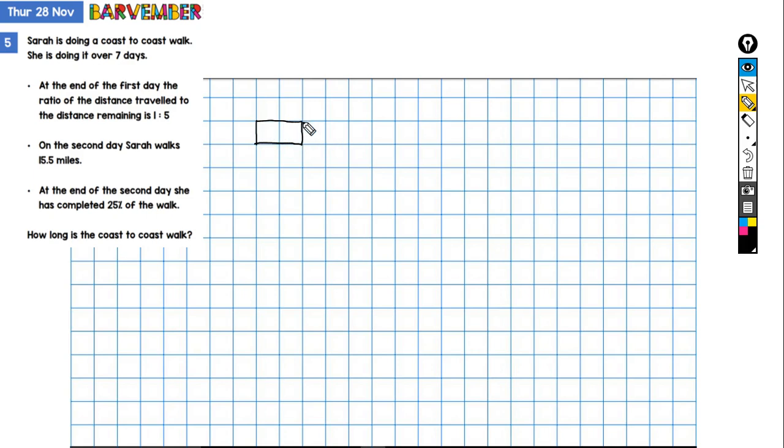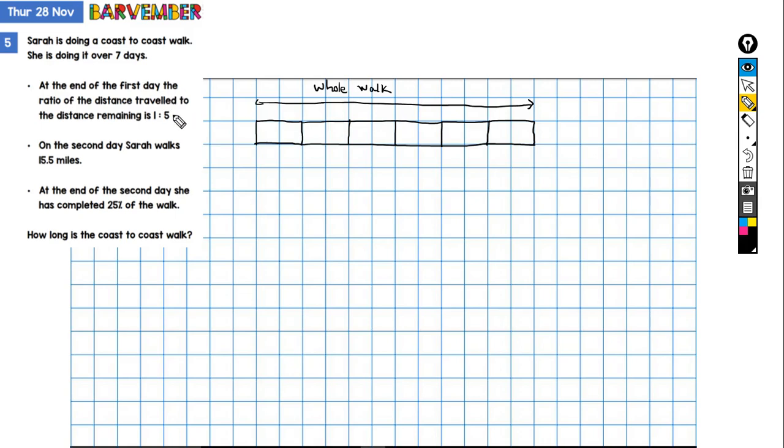So that's the 1, 2, 3, 4, 5. All right, so now I've got 1 to 5, which is 6 altogether. And this whole bar represents the whole walk. Okay, that's the whole walk.